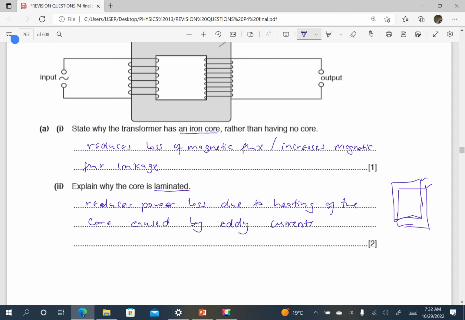It reduces power loss due to heating of the core caused by eddy currents. In other words, it reduces the size of eddy currents. So laminating prevents eddy currents from building up to a larger value to cause a greater effect. That is laminating.